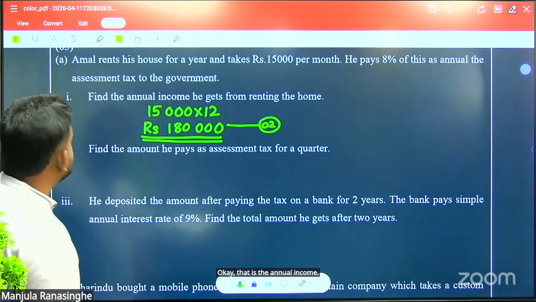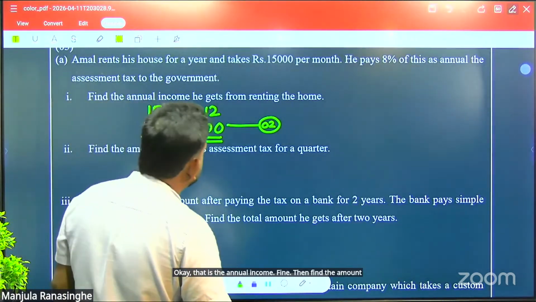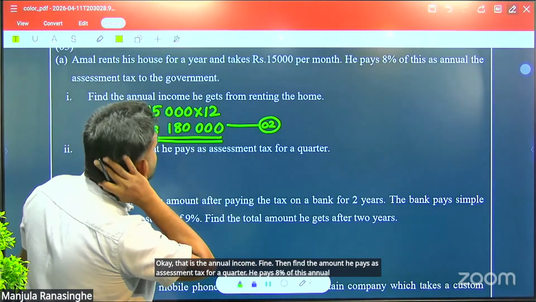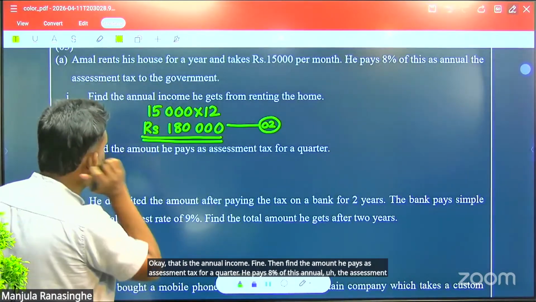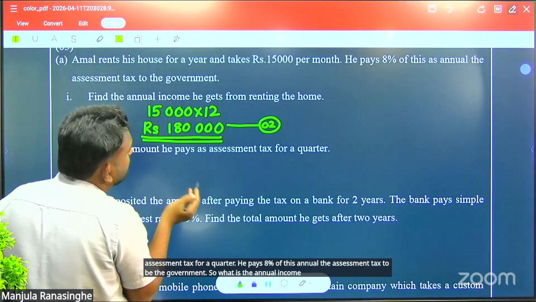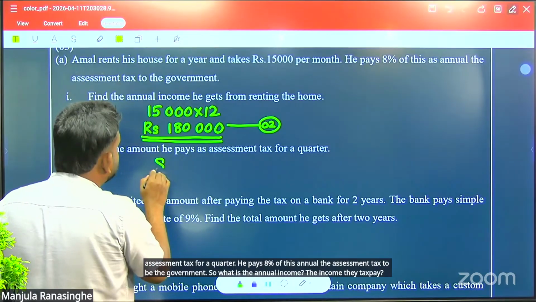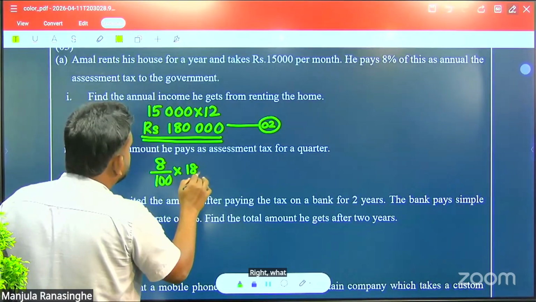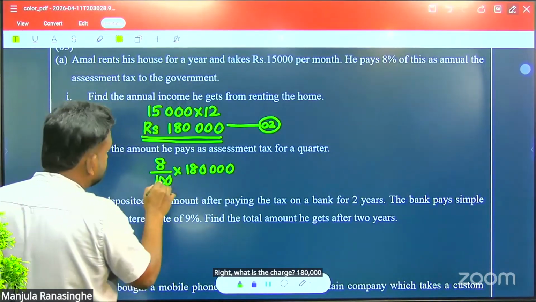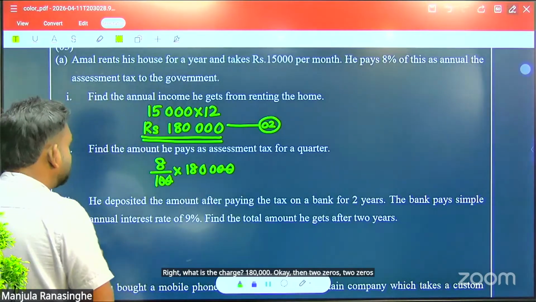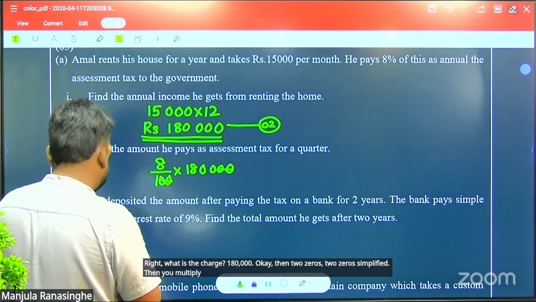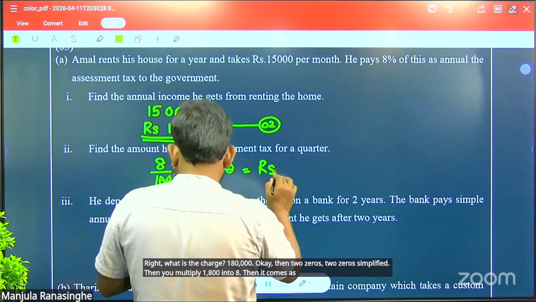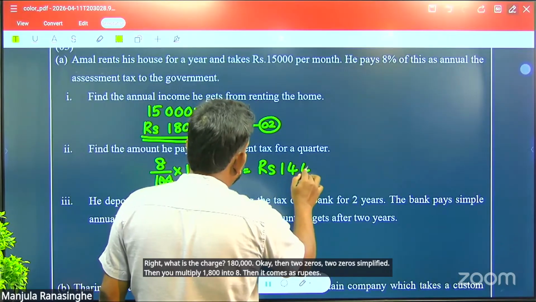Fine. Then find the amount he pays as assessment tax for a quarter. He pays 8% of this annual income as assessment tax to the government. So 8% of this income: 8 upon 100 into 180,000. Then two zeros simplified, you multiply 1800 into 8, then it comes to rupees 14,400.